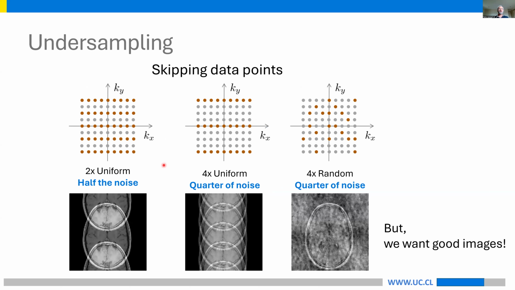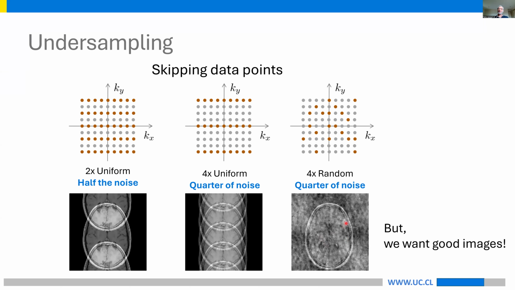You probably know about this. If you undersample in a uniform way, say 2 times, you reduce the noise by half, but you distort the image with an aliasing pattern. You can do the same with undersampling 4 times. You reduce the noise to a quarter, but your image is still really distorted because it's all aliased. And if you do it randomly, you also reduce the noise, and your image is now distorted in a more random way.